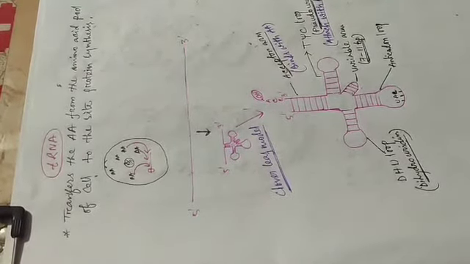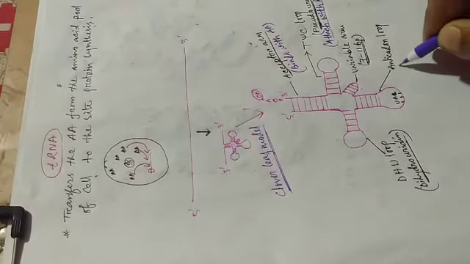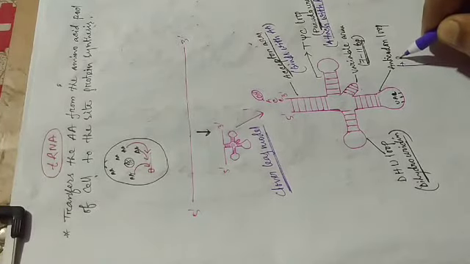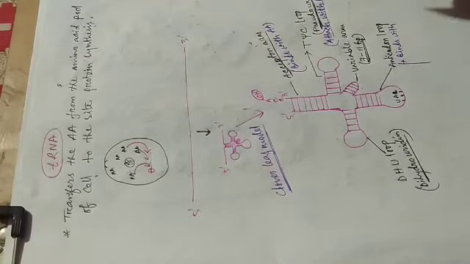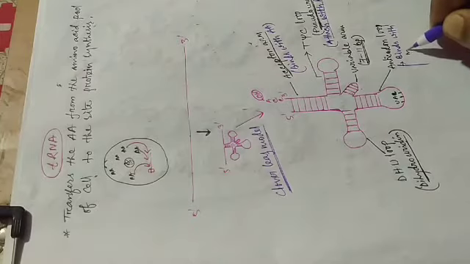Then the anticodon loop. The anticodon loop has 2 roles. The first one is that it binds with the mRNA.